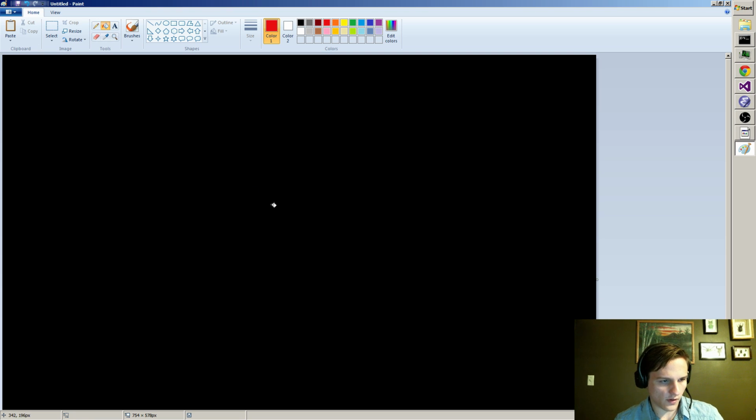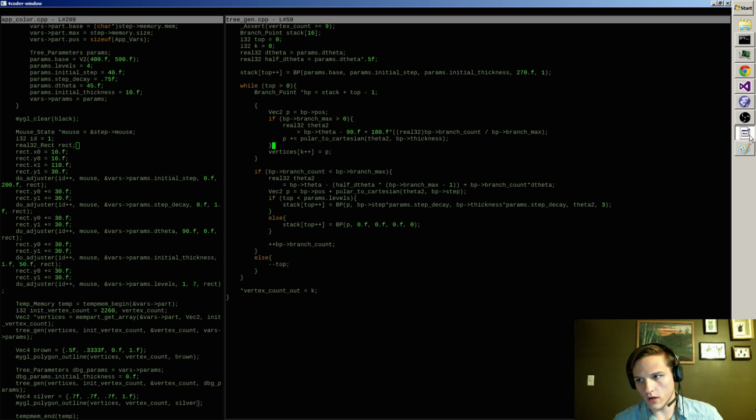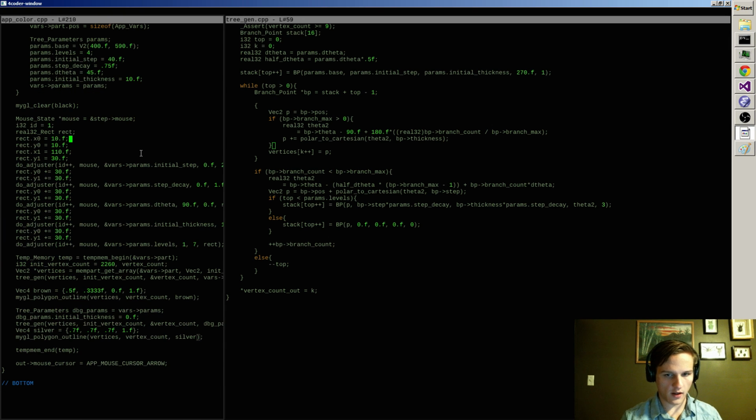D7 Samurai asks, what exactly is this tree project? I'll show. The main point is to test 4coder. It's all being written in 4coder. So I just picked something that I thought I would have to actually use my brain, and because I don't know how to do it, and it's complex enough that I'll have to do it in a few stages, and I'll have to compile and debug and all those things. So I just got something that would get me doing the whole development cycle, and doing it in 4coder just to make sure that everything is smooth.